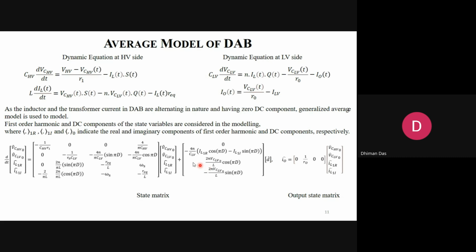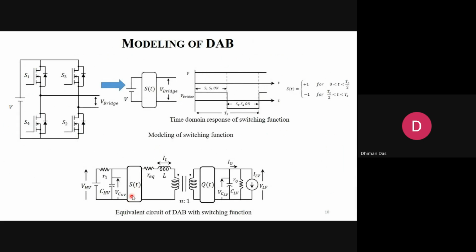Now if you do the averaging model and average this switching function, using a first harmonic approximation or any kind of linearizing tool, and make S of t or Q of t just a function, then everything else is a linear element. There is no longer any nonlinear function or nonlinear element.